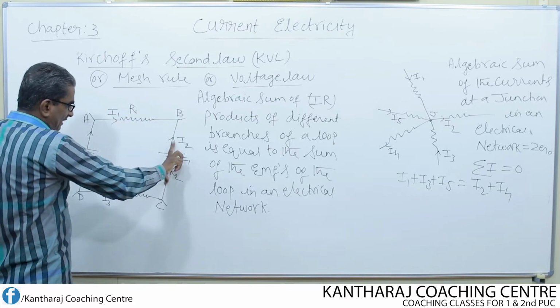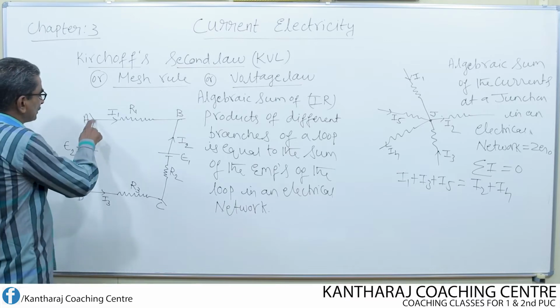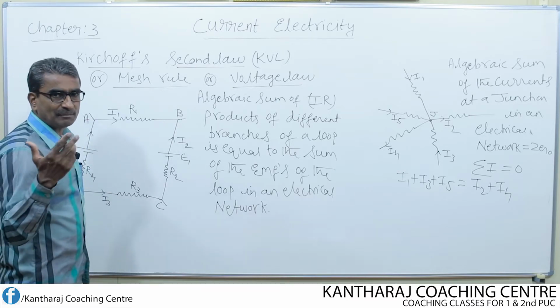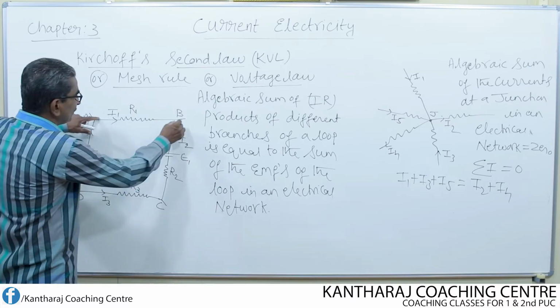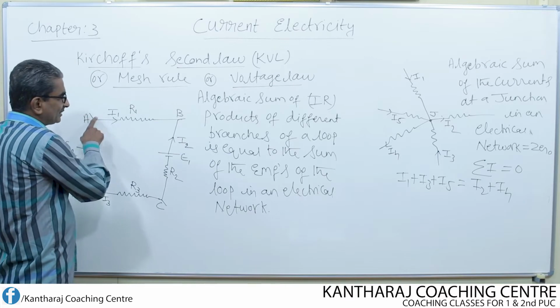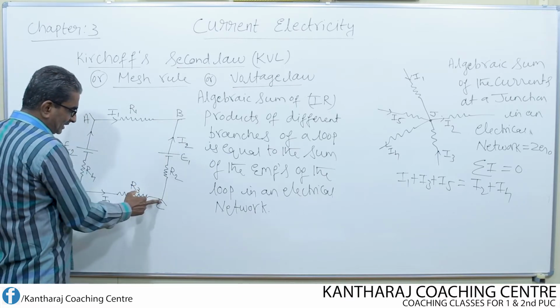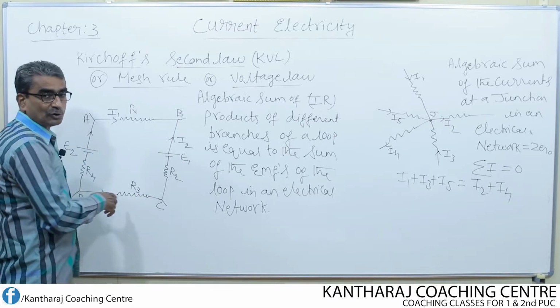Branch 1, branch 2, branch 3, branch 4. Any portion between two junctions is known as a branch in an electrical network, that is, any portion between two node points or between two junction points. This is one junction, another junction, third junction, finally the fourth junction. So 4 junction points or 4 nodes are there.